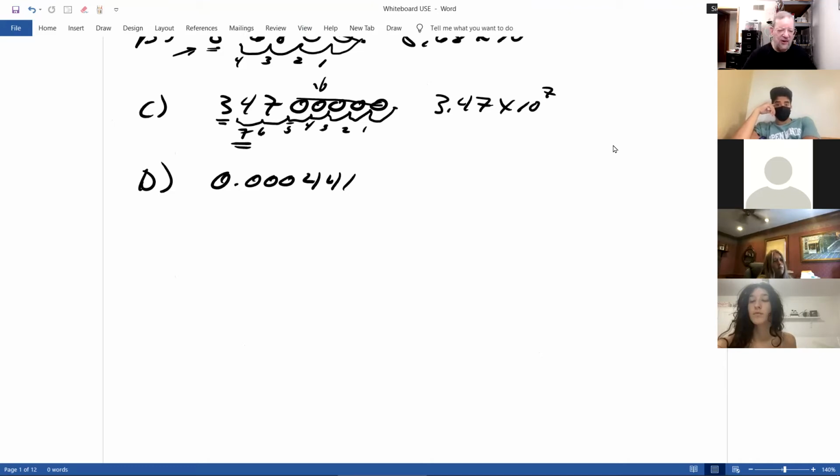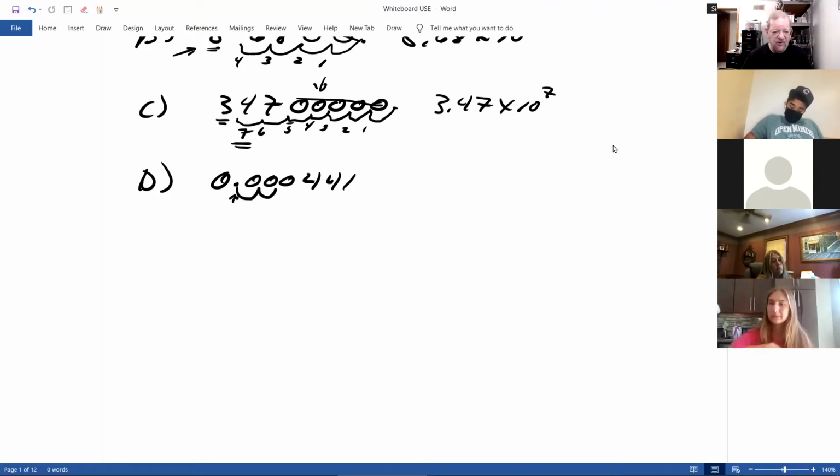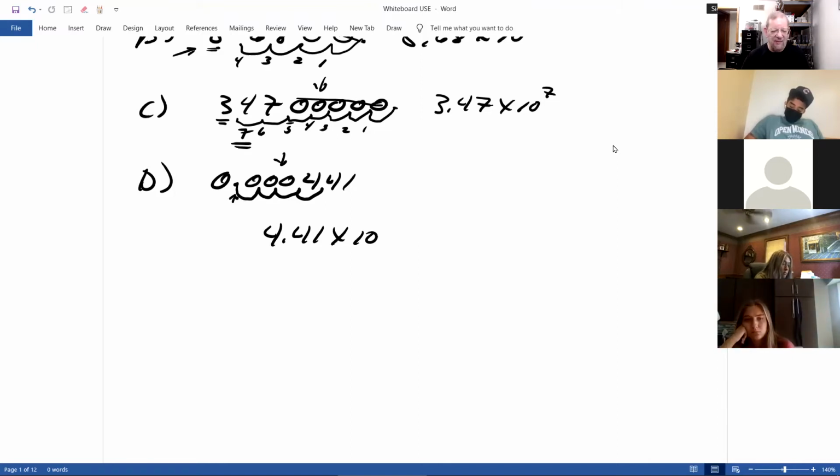Now, here we have a number much lower than 1. So n will be negative, but we do the same thing. Here we actually have a decimal point. We move it to the right of the first non-zero number, 1, 2, 3, 4. Zeros at the front are dropped. So this would be 4.41 times 10. How many times do we move it? 1, 2, 3, 4.